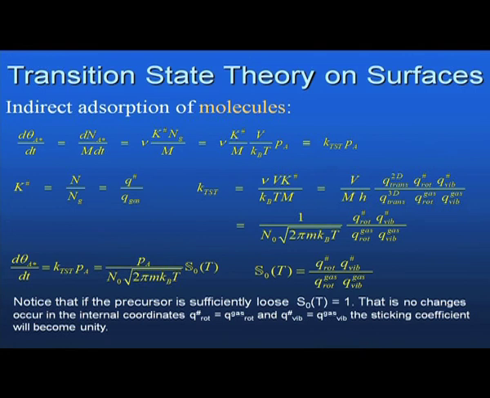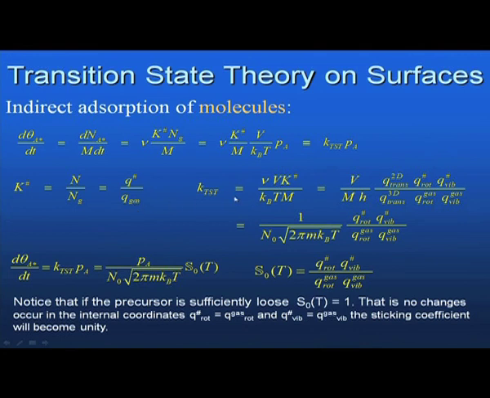We use the similar expression that d theta A star dt is equal to d n A star dt divided by m, is equal to nu k double dagger n g divided by m, and ultimately this is equivalent to k T S T into P A, the gas pressure, and k double dagger is your n by n g, your q double dagger by q gas.